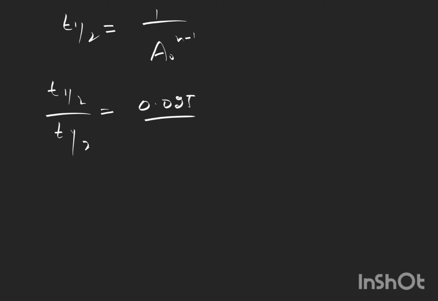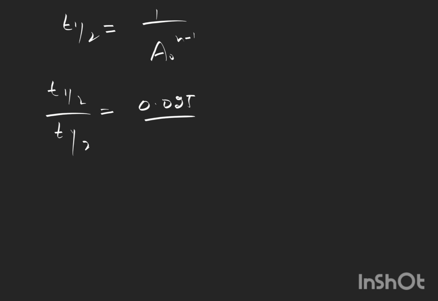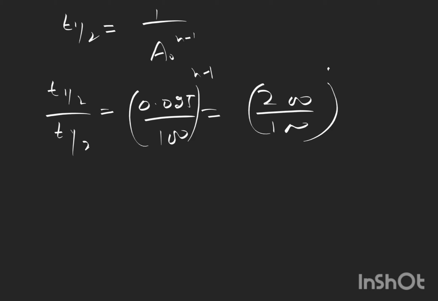T half is equal to 1 upon A naught to the power n minus 1. So if I take the ratios of both T halves, it will be 0.025 upon 100 is equal to 200 upon 100, raised to power n minus 1.